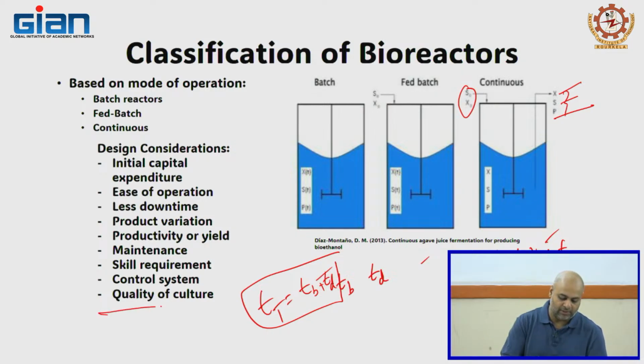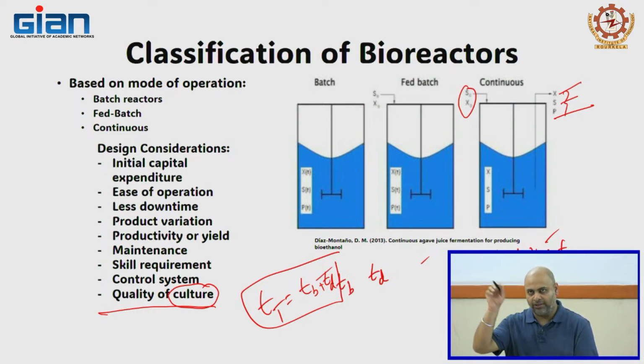Now, quality of culture matters a lot. What do I mean by the culture? If you remember when we were discussing the process to reach the reactor stage, we have to grow the cells in the lab. So we use flasks and grow them in that. What are we trying to do?